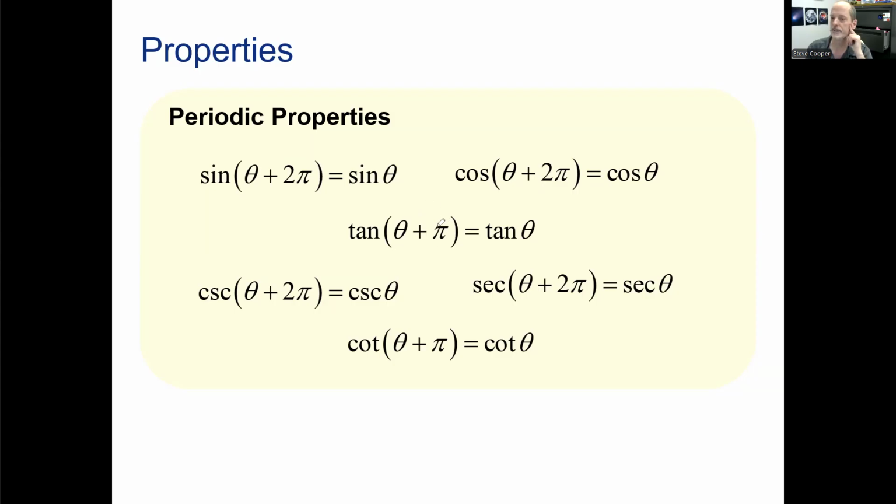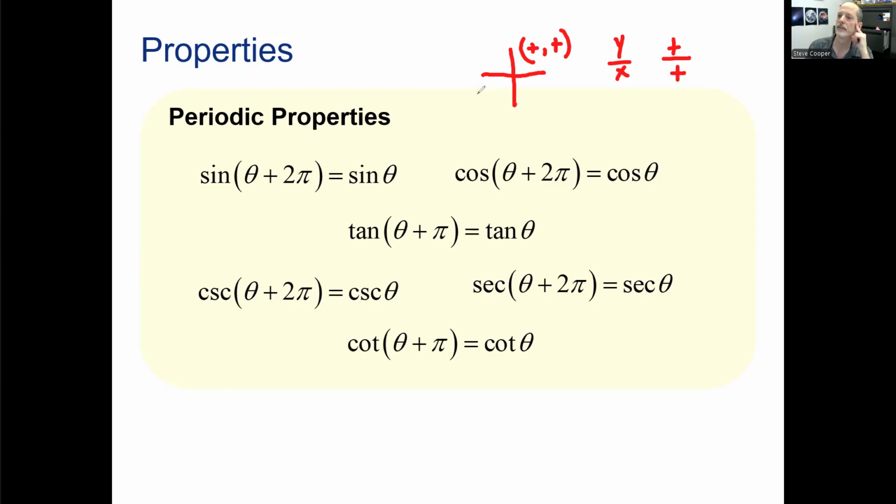Interestingly, when we get to the tangent, if you think about the quadrants, whatever I get in quadrant 1 is going to be an identical result for what I get in quadrant 3. The reason for that is that in quadrant 1, we have plus, plus, right? So for a y over x, we're going to get plus over plus.